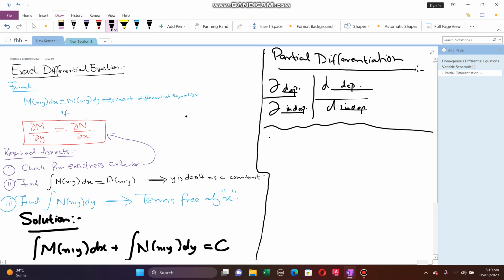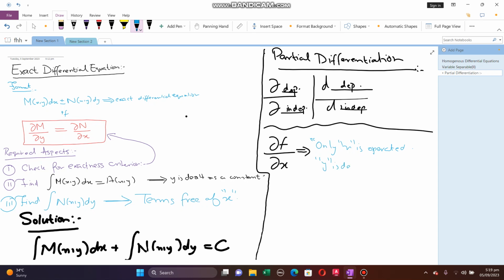When we are integrating some function with respect to dx, in this case only x is operated and y is dealt with as a constant.